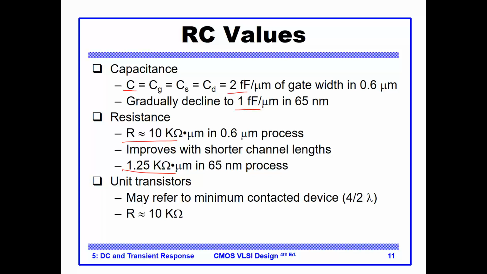Really, these are average values that change per technology. There isn't a fixed number that we can tell everybody to use. It is very dependent on the process, and for the assignment and the exam, we must give you these values.